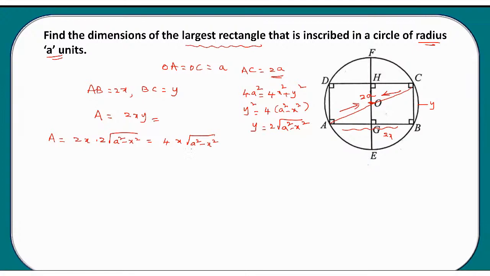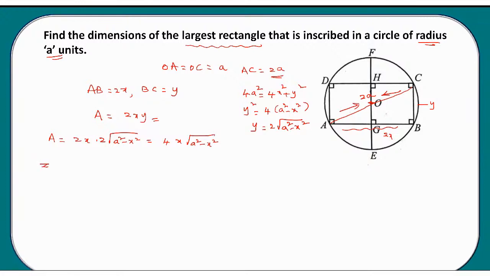You can differentiate this area function as it is, or if the area is maximum, its square is also maximum. For convenience sake, I will take the square of the area and differentiate.